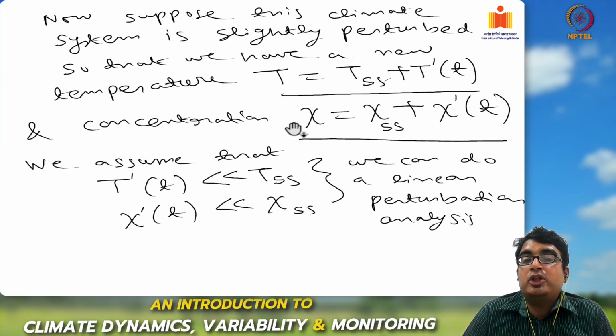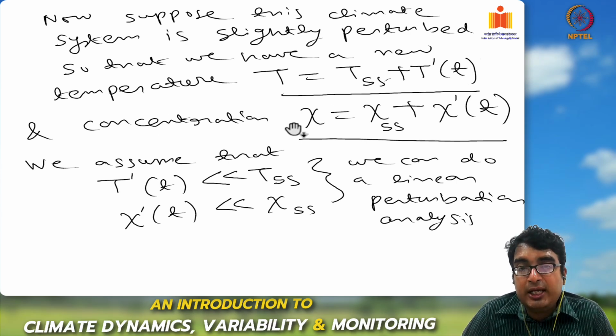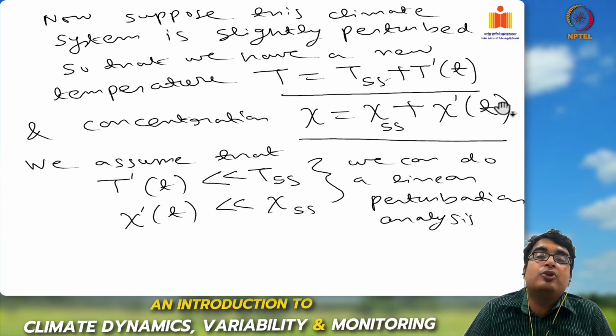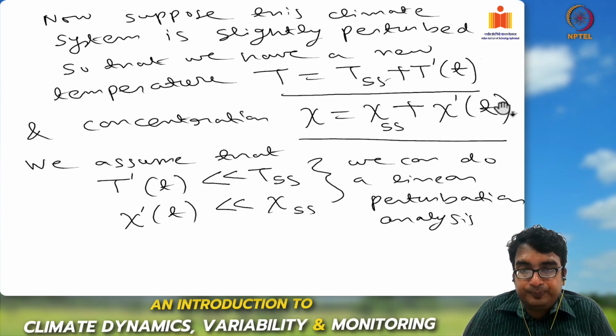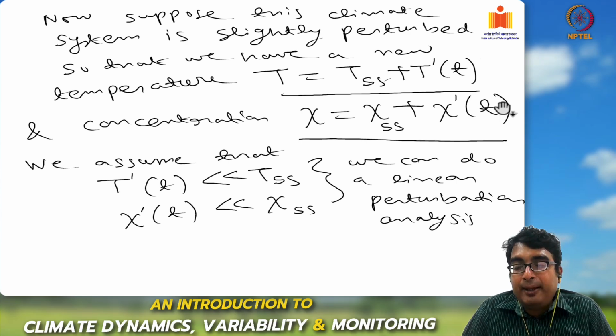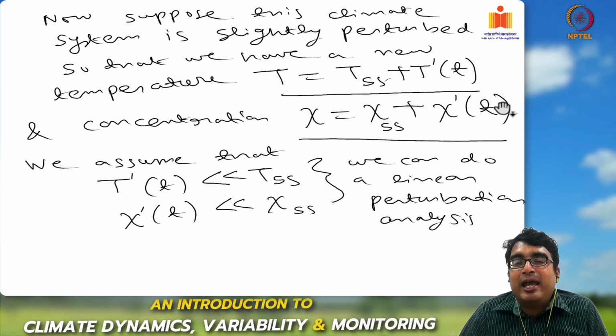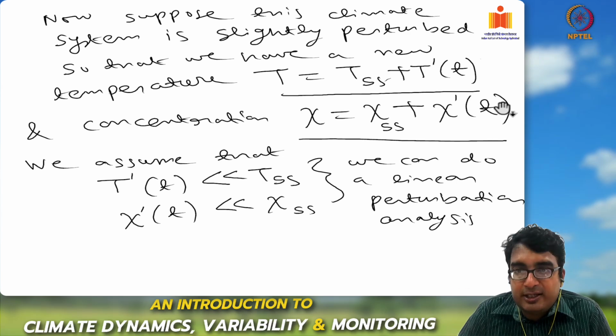And the concentration of the greenhouse gas has also changed to X, which is X_SS plus a perturbation value X prime, which is also a time dependent value. So effectively, we are changing the greenhouse gas concentration by X prime, and this X prime can be time dependent. So with time it may be increasing or decreasing.